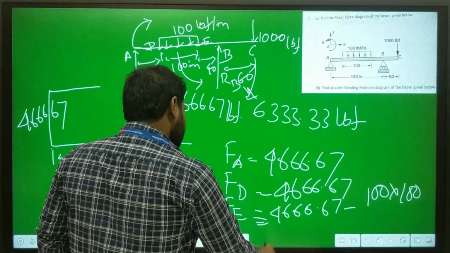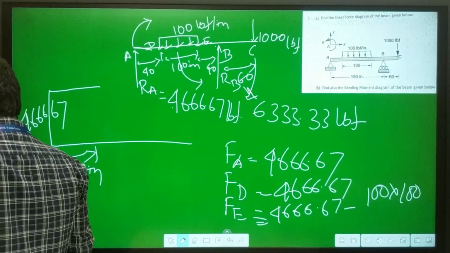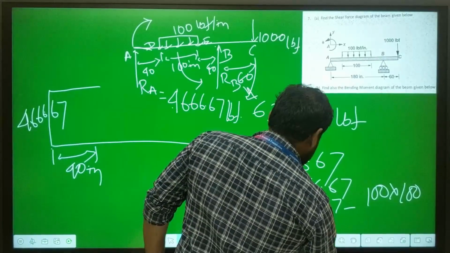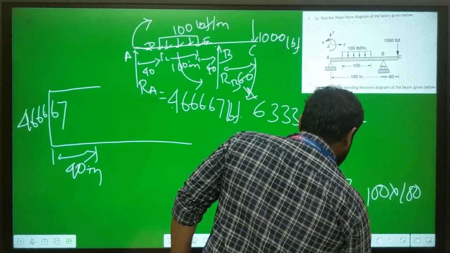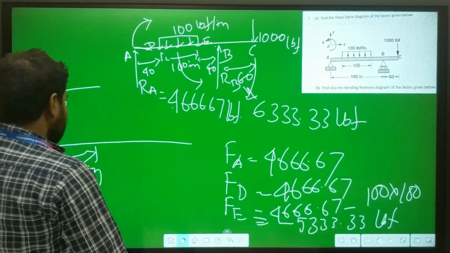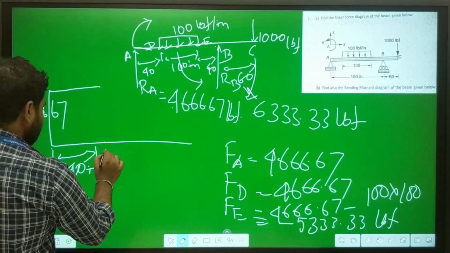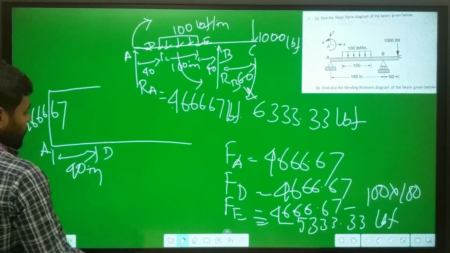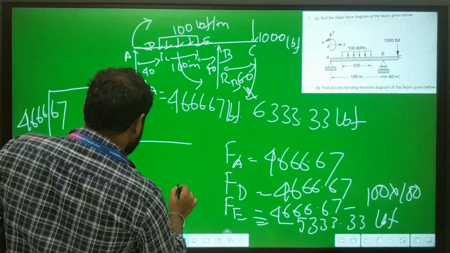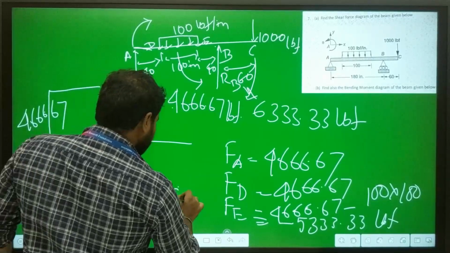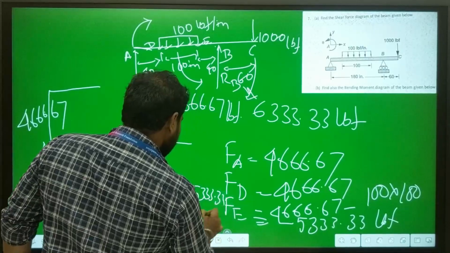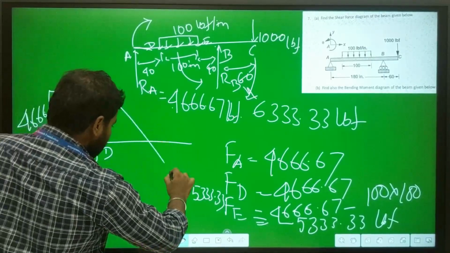By calculating we find the force at E is minus 5333.33 pound force. So this is point D, this is point A, and at point E the value is negative, that is minus 5333.33. So it will be a straight line up to this point.